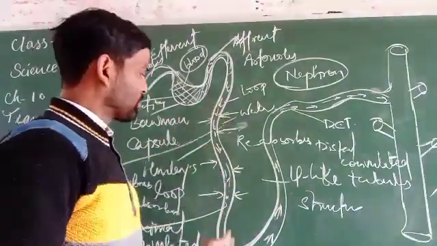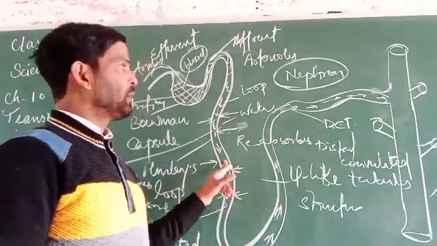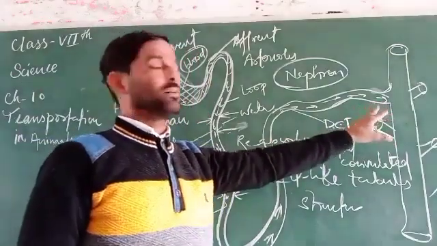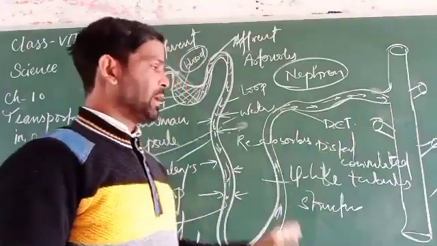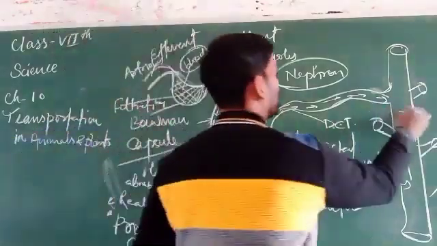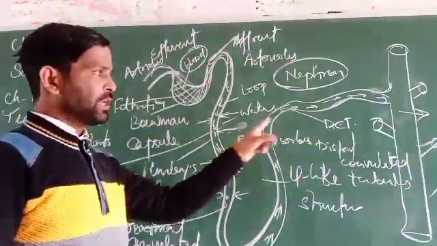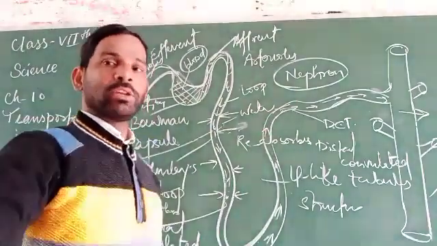They travel through Henle's loop from the PCT, the proximal convoluted tubule, to the main body, through which the urine is moved out and urine formation takes place. It accumulates uric acid, urea, and urine as well.